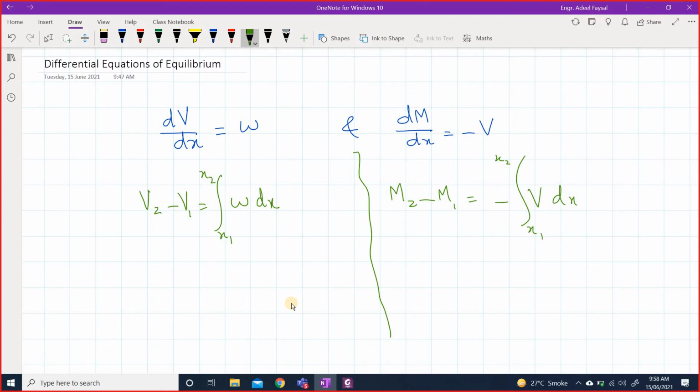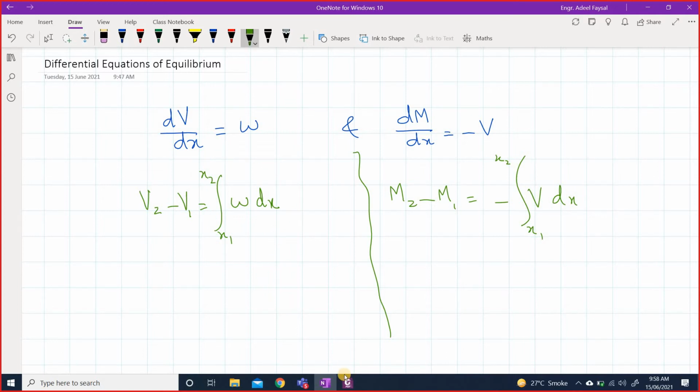These are again very useful. You can see that this equation says that the difference between the two values of shear at x1 and x2, v2 minus v1, is equal to the area of the load diagram between those 2 points.